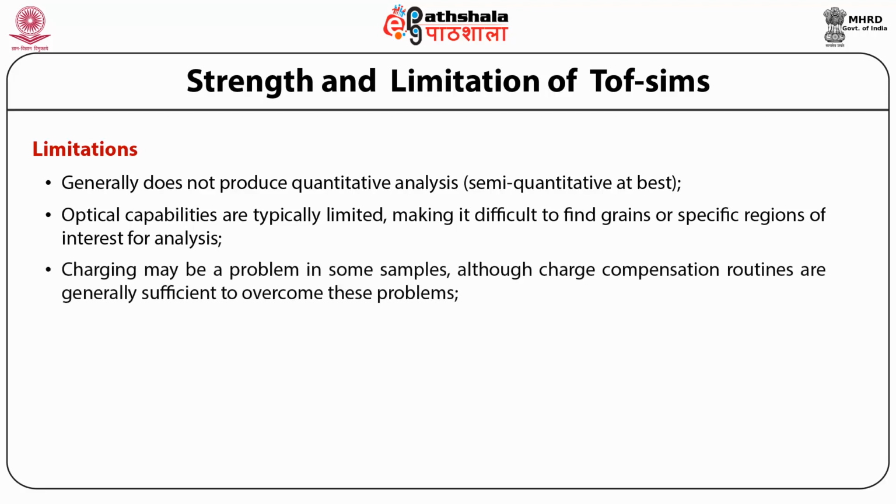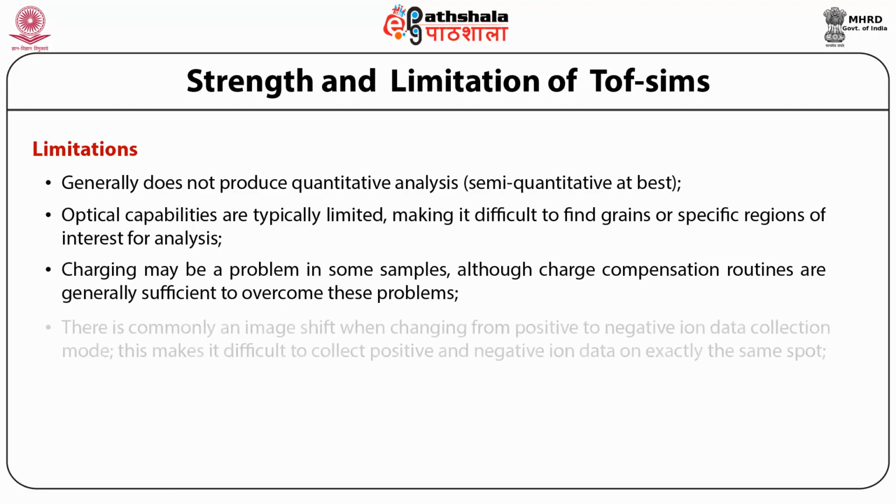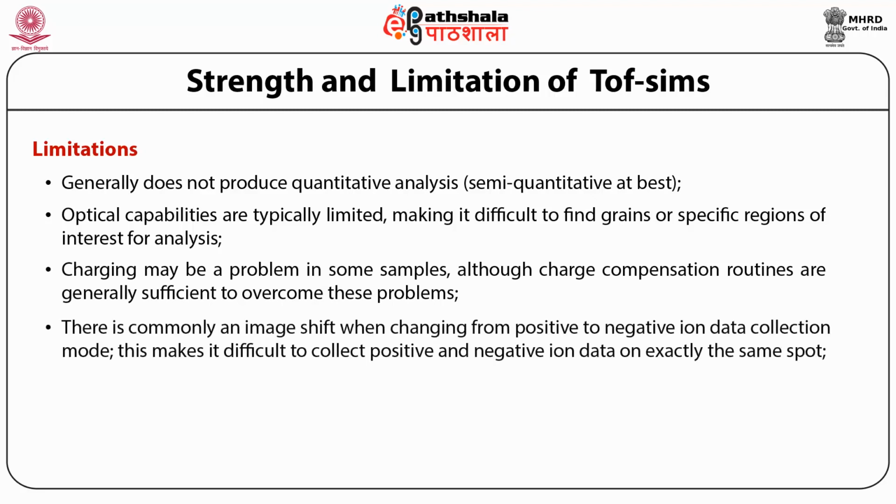Charging may be a problem in some samples, although charge compensation routines are generally sufficient to overcome these problems. There is commonly an image shift when changing from positive to negative ion data collection mode. This makes it difficult to collect positive and negative ion data on exactly the same spot.